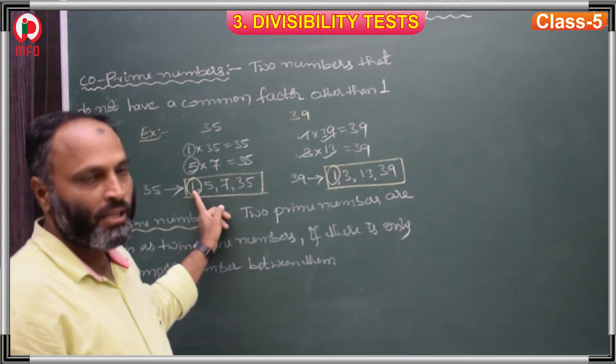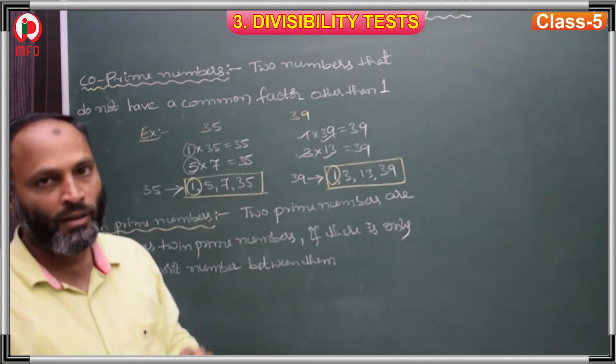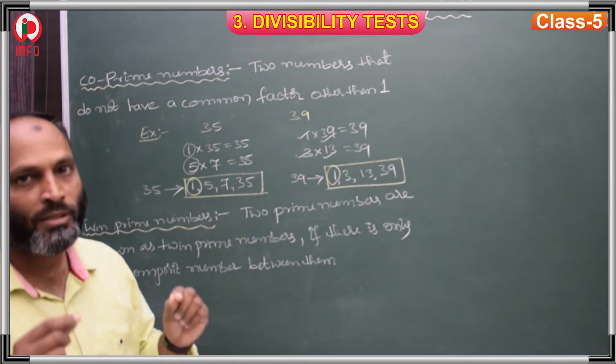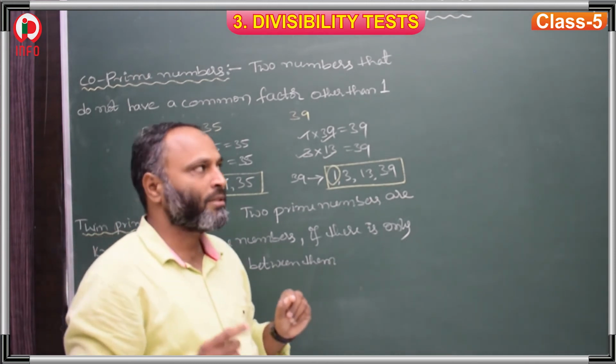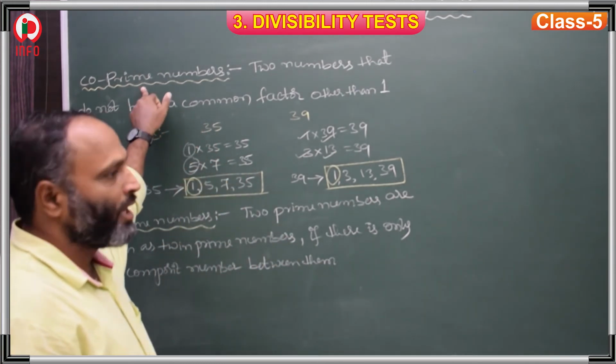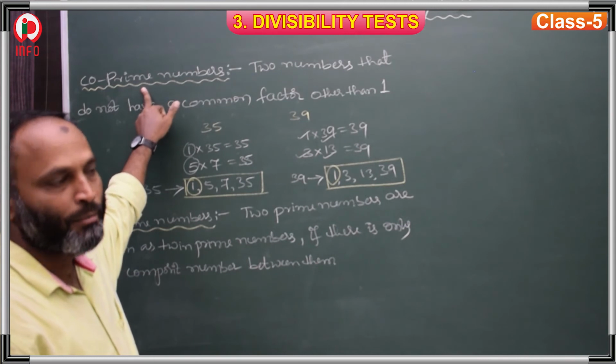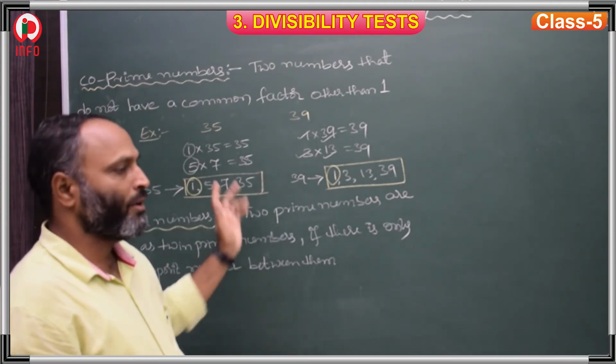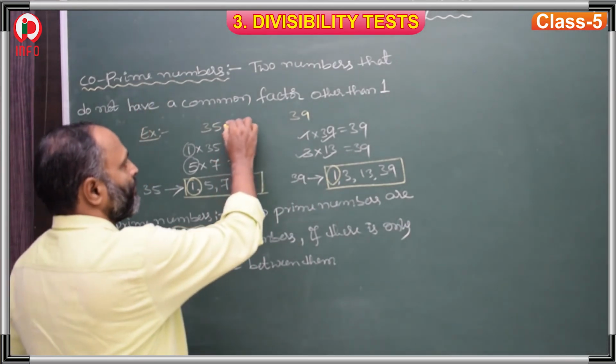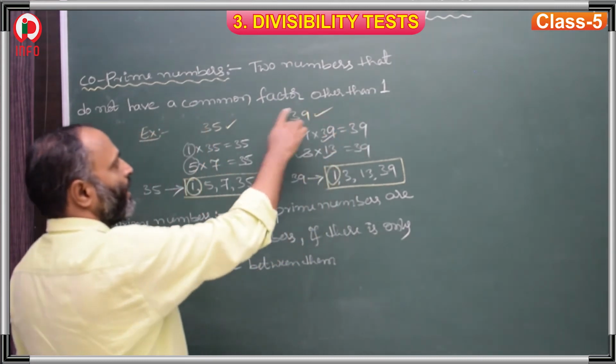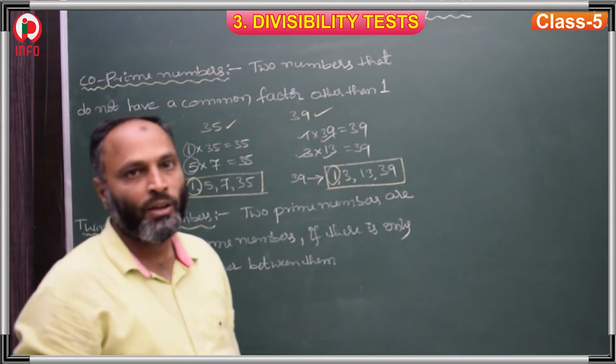If the common factor between two numbers is 1, then those numbers are called co-prime numbers. These two, 39 and 35, are co-prime numbers.